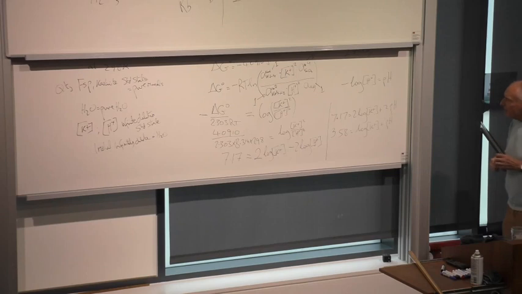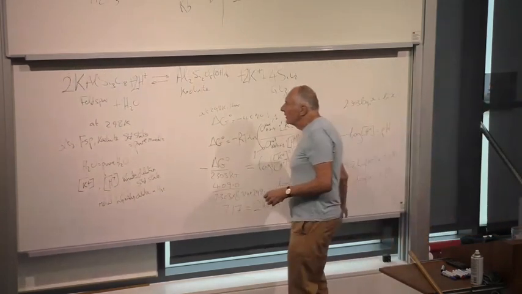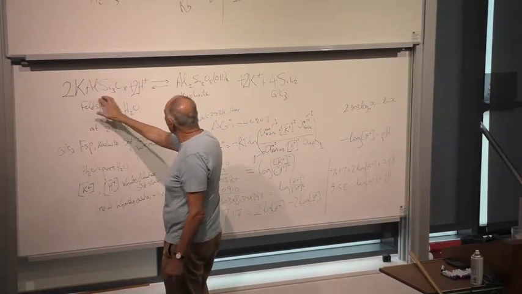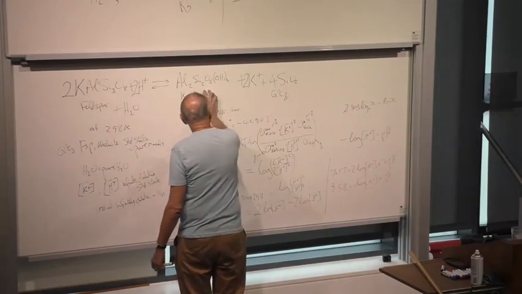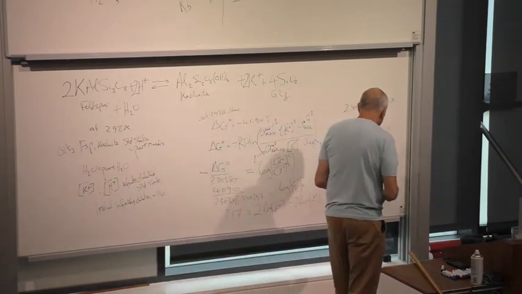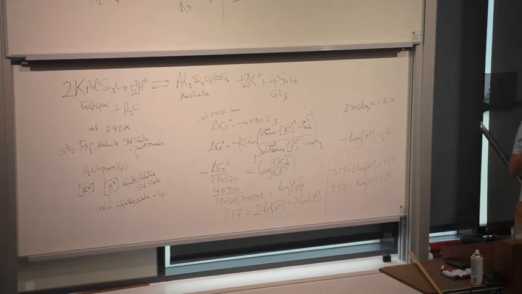But what's going to happen is that the hydrogen ion is going to get consumed by reacting with the feldspar, making small amounts of that and releasing potassium.